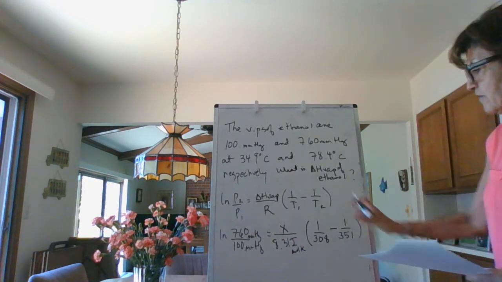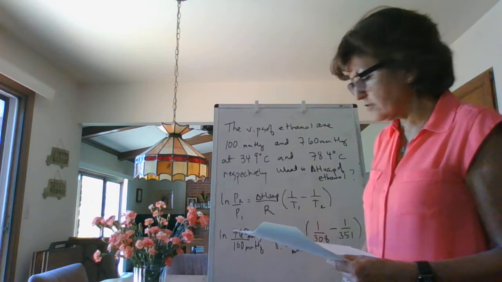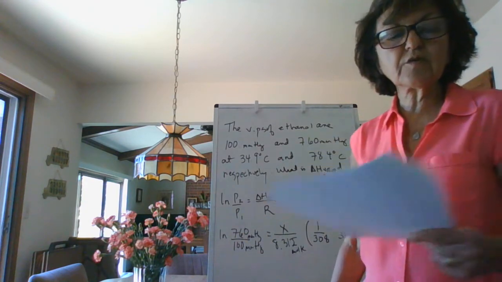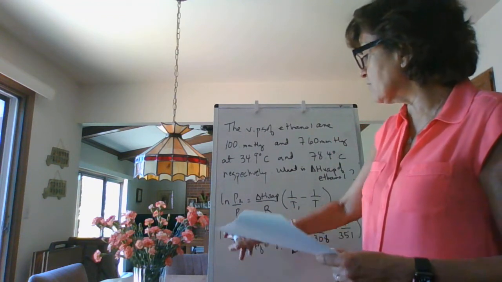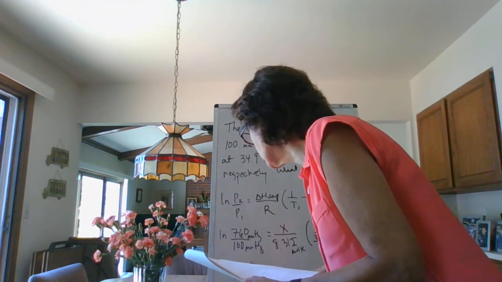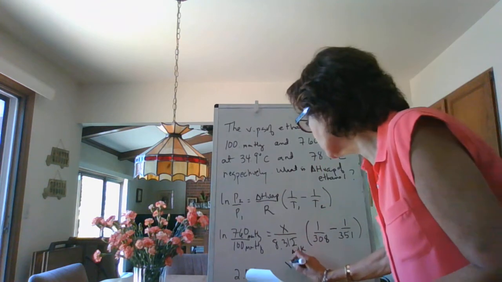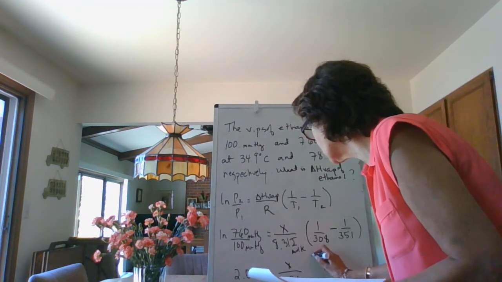Okay, so we have everything that we need. Go ahead and do this first. So 760 divided by 100, and do the natural log of it, and you will get 2.03. And then it's just algebra, guys. You should be able to handle algebra.